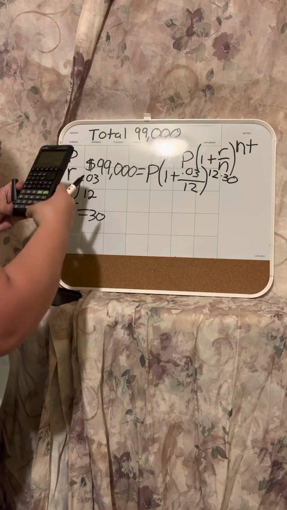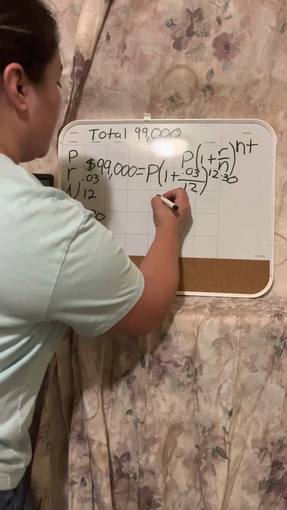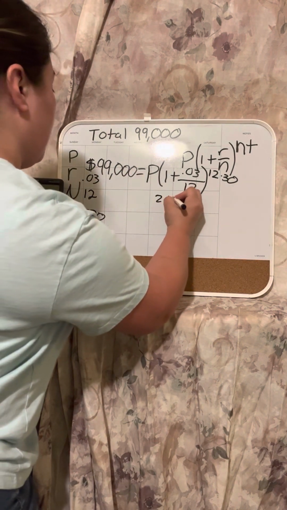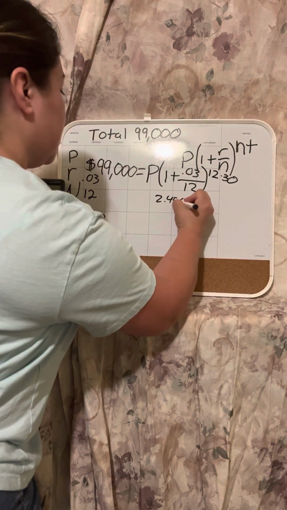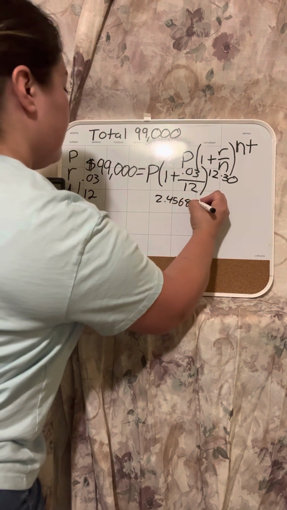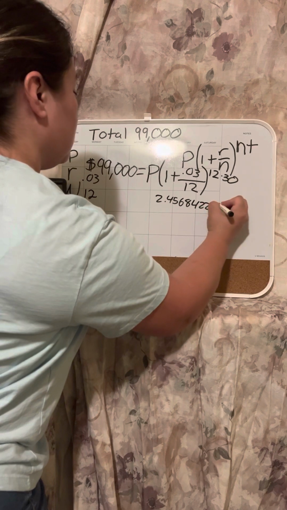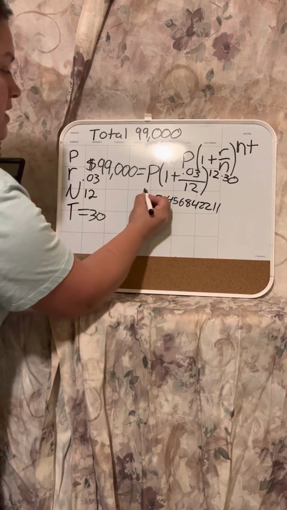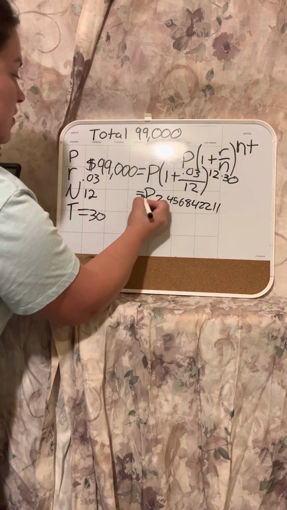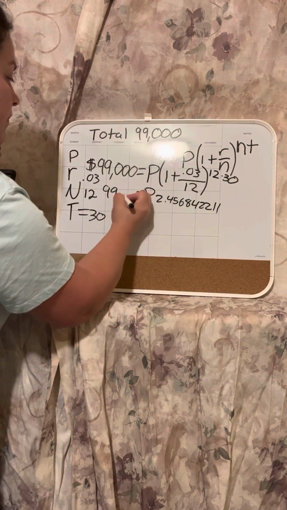And that's equal to, it gives me this number, 2.456842211. And then I still have the P, and it's still equal to 99,000.